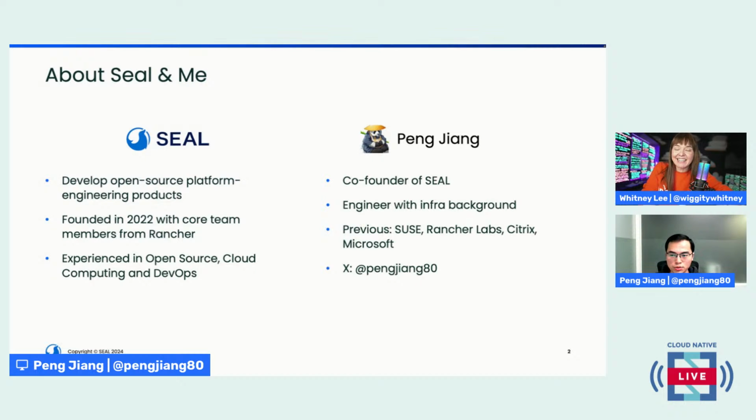In Seal, we want to develop open source platform engineering projects. About myself, I'm the co-founder of Seal, and an engineer with an infrastructure background. I have been working in the IT industry for about 19 years. Before Seal, I worked at SUSE, Rancher Labs, Citrix, and Microsoft.